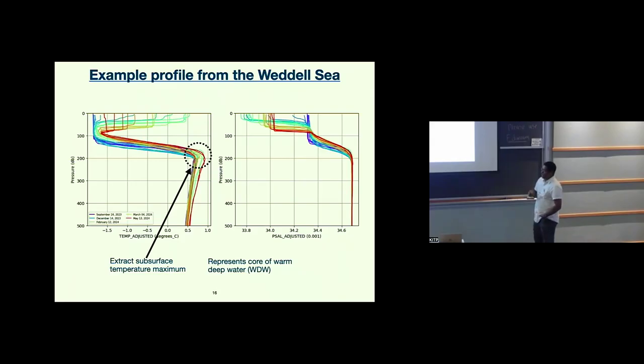This allows us to track this warm deep water layer, which is a modification of circumpolar deep water. We compute a number of other metrics like mixed layer depth, mixed layer salinity and temperature, the gradients in the thermocline and halocline, but for this talk, I'm just going to focus on the simple metric of Tmax and the depth of Tmax.